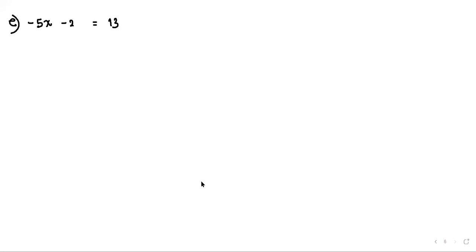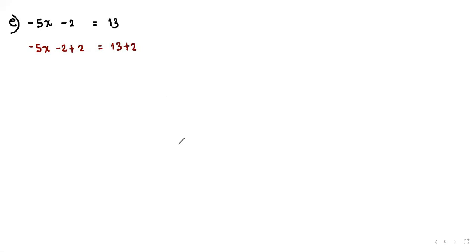Okay, so now, since we have got minus 2 here, it means that we are going to use plus. So we get minus 5x minus 2 plus 2 is equal to 13 plus 2.